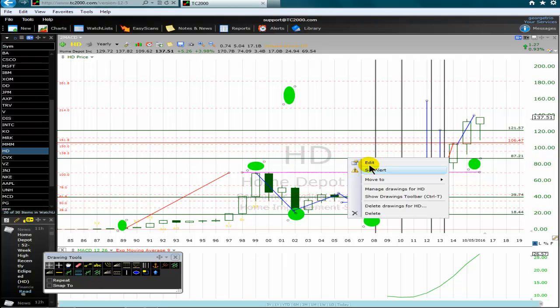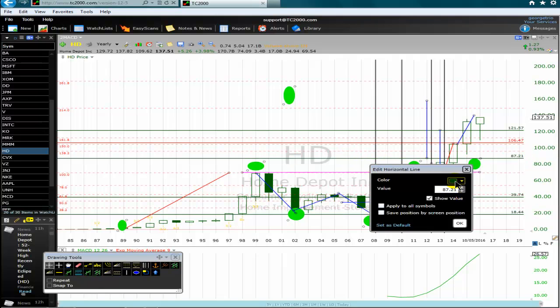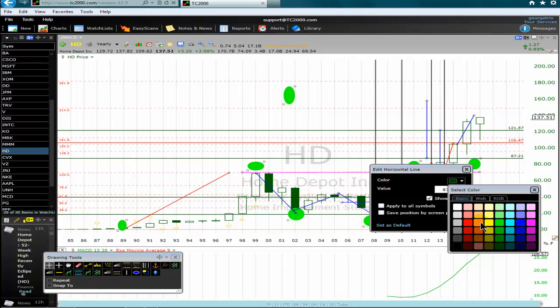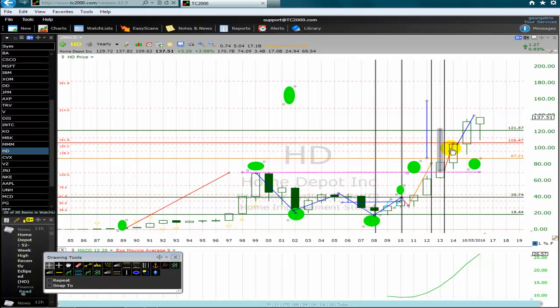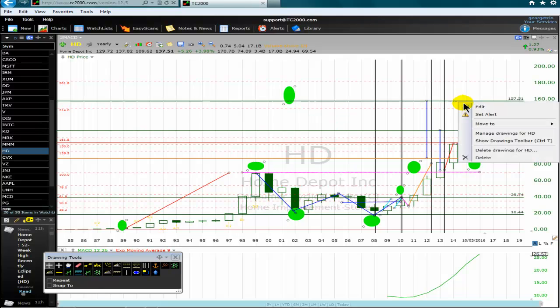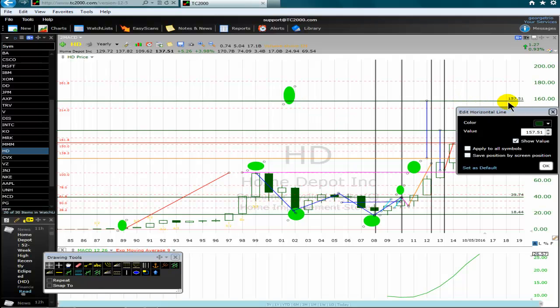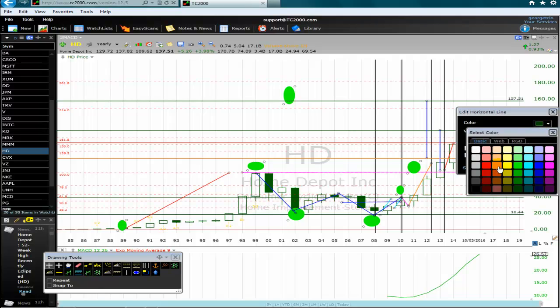I'm going to change the color of the projection of the height of the first wave, talking about Wave Genius, into orange. So the second projection above the initial target at 8721 is bringing us here. So the price is now at 13751, and using Wave Genius, we will be watching this level of 15751.